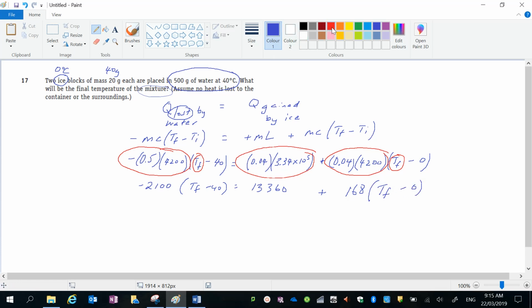Next step, we need to expand the brackets out to get these TFs out of the brackets so that we can do something with them. So we do negative 2100 times TF and negative 2100 times 40. So that will be negative 2100 TF, and then negative 2100 times negative 40 is positive 84,000.